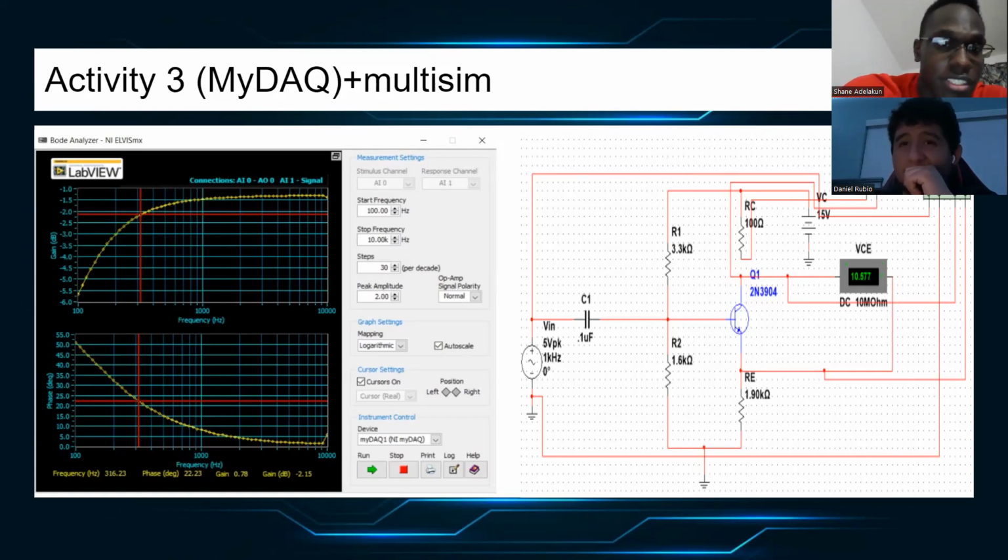As you get to the end, you can see it starts to decrease when it hits 10,000 hertz. And the bottom one, which is the phase, starts at maybe 52.5 and starts to decrease, not at a constant rate.